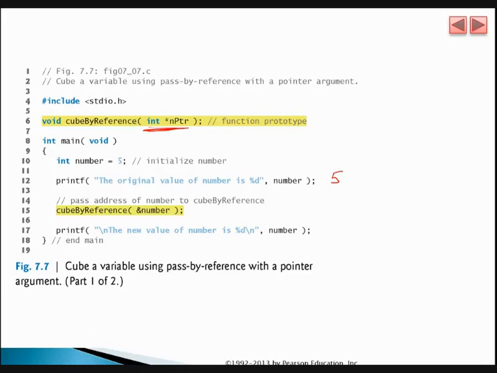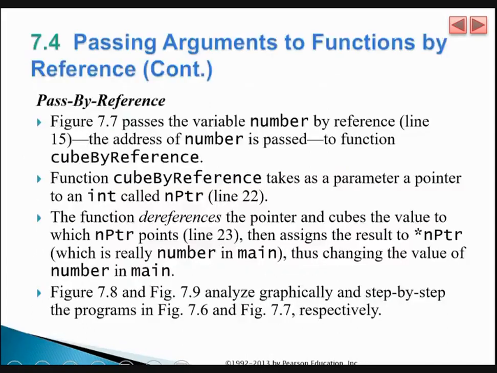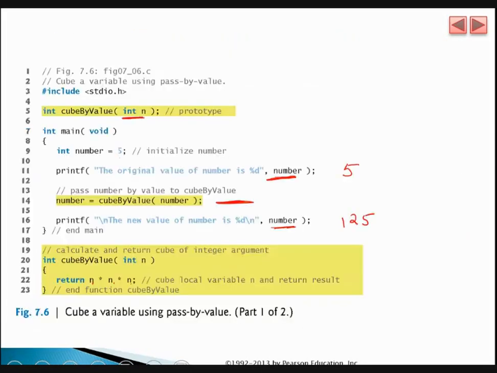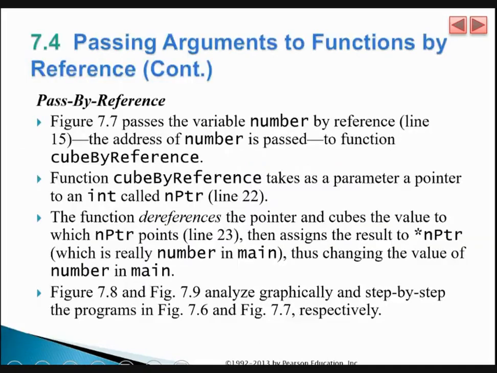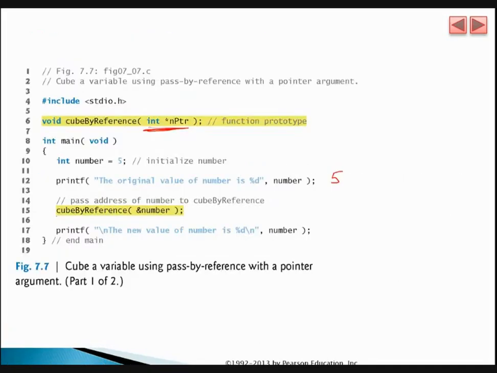In the previous example, we were actually updating the number in our main function. But in this function, we are not updating. We are just calling the cube by reference function, and we are passing the address of number.